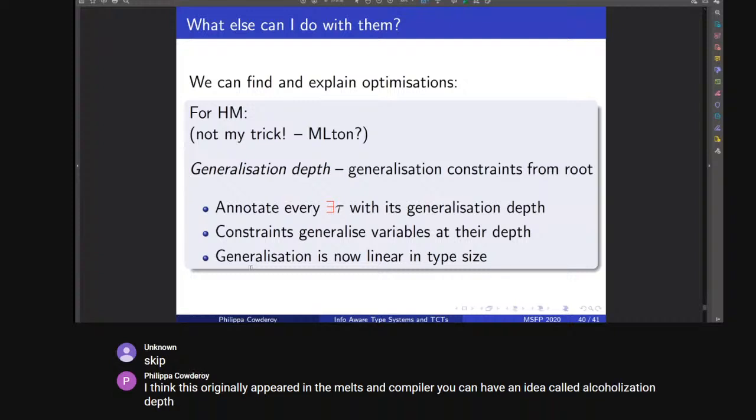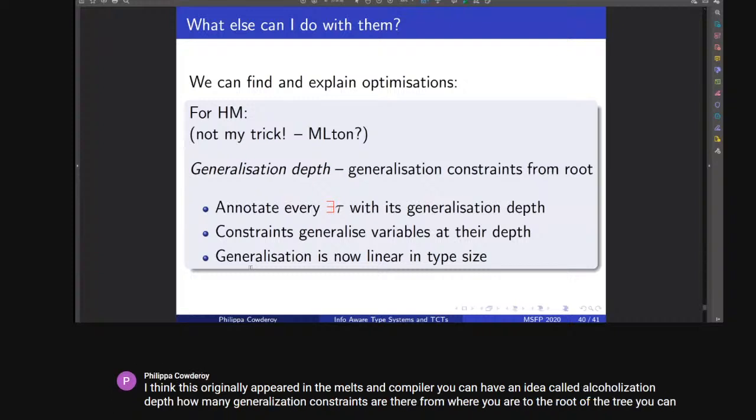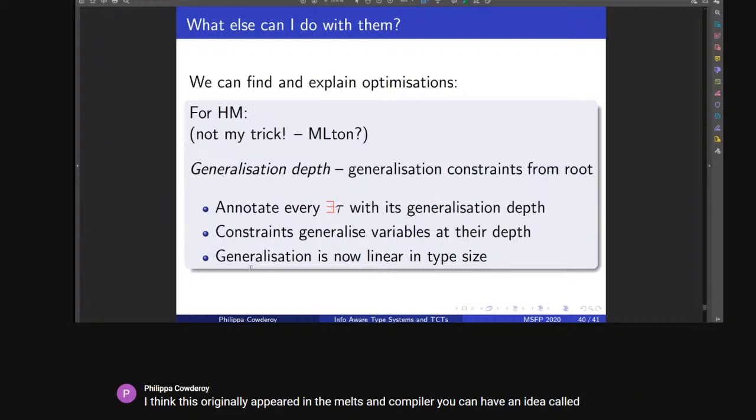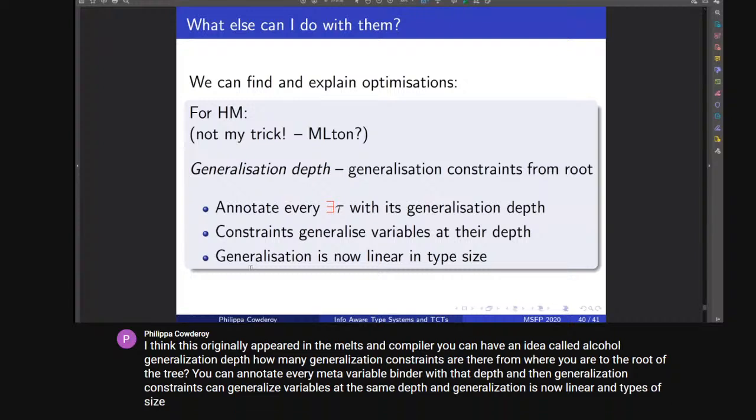How many generalization constraints are there from where you are to the root of the tree? You can annotate every meta-variable binder with that depth, and then generalization constraints can generalize variables at the same depth, and generalization is now linear in type size instead of having to crawl back through the context and check for free variables.